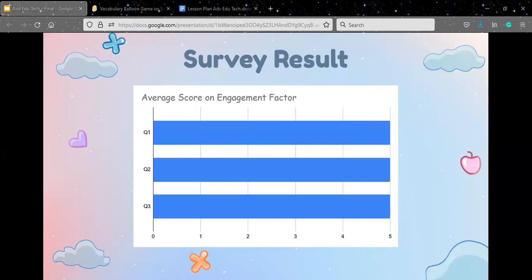They strongly agreed, giving a 5 score to the engagement factor.